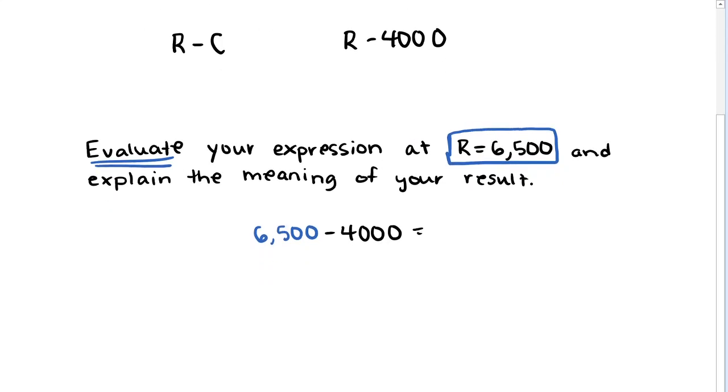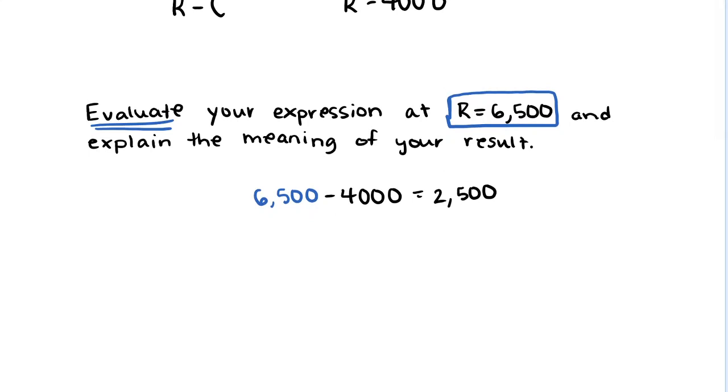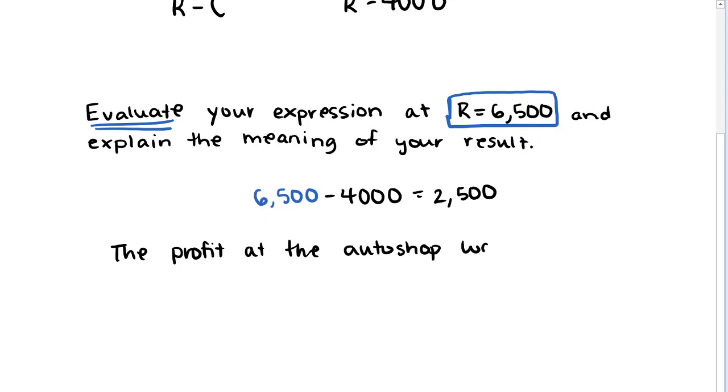This comes out to be 2,500. And so what's the meaning of this result? Well, 4,000 was the expense, and 6,500 was what they pulled in. When we subtract those from one another, we get the profit for the month. So this is just saying that the profit at the auto shop was $2,500.